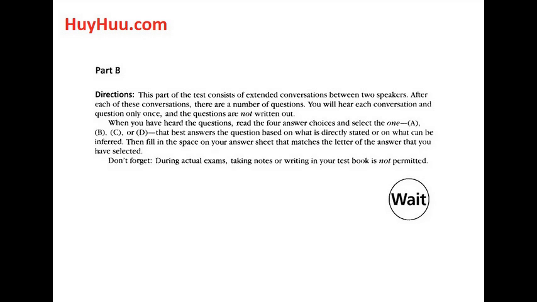When you have heard the questions, read the 4 answer choices and select the one, A, B, C, or D, that best answers the question based on what is directly stated or on what can be inferred. Then fill in the space on your answer sheet that matches the letter of the answer that you have selected.